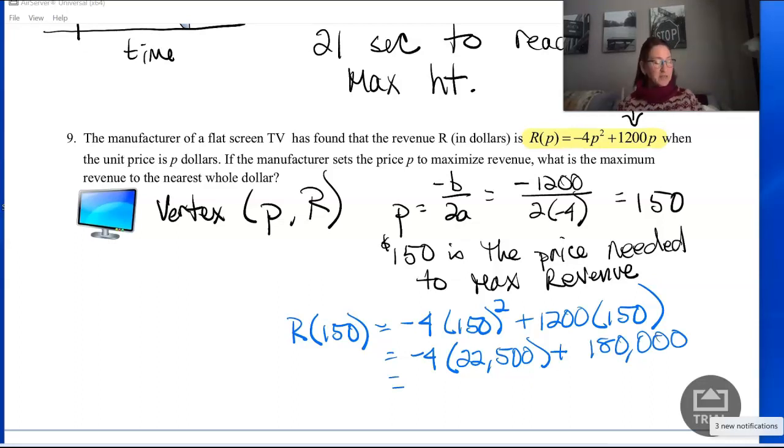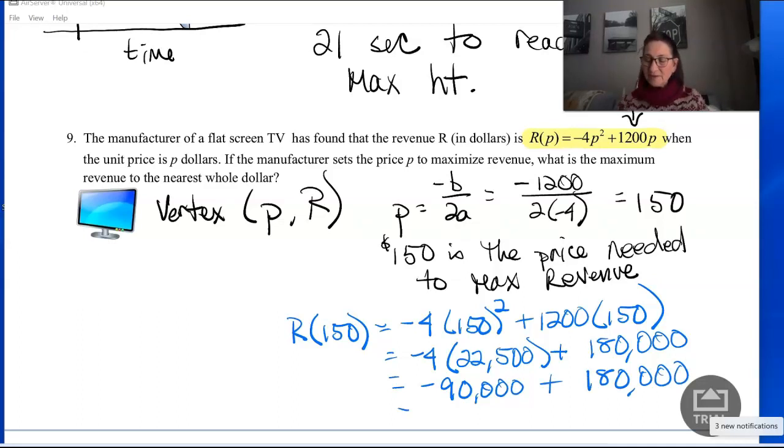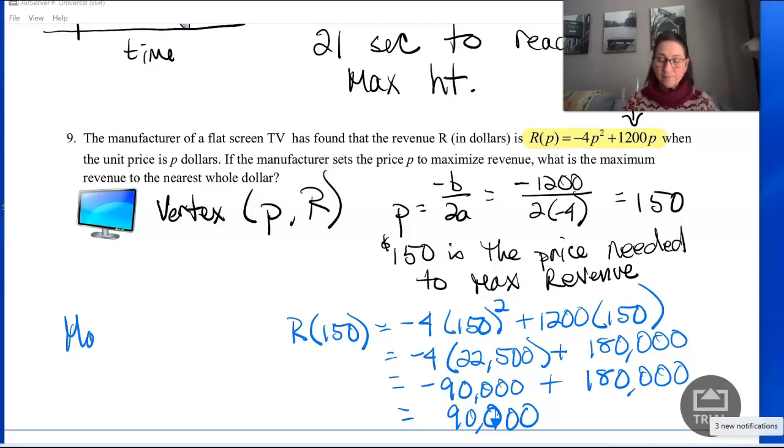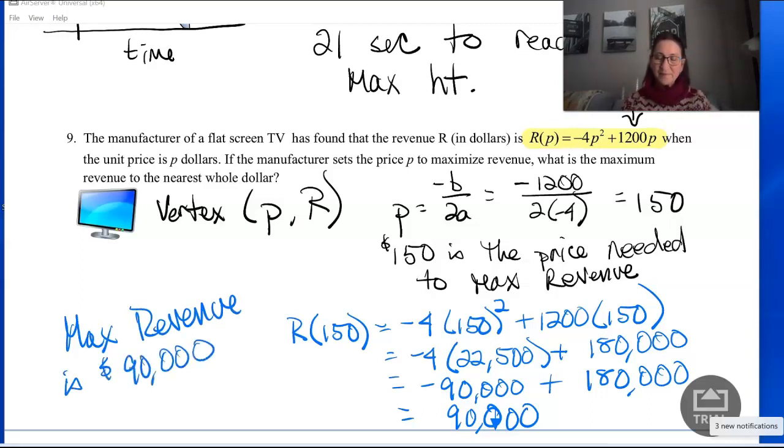Well, that negative 4 times 22,500 is a negative 90,000 plus 180,000. So this all becomes 90,000. So that means that my maximum revenue is 90,000. That's the maximum revenue I would get, and that happens when my price is $150.